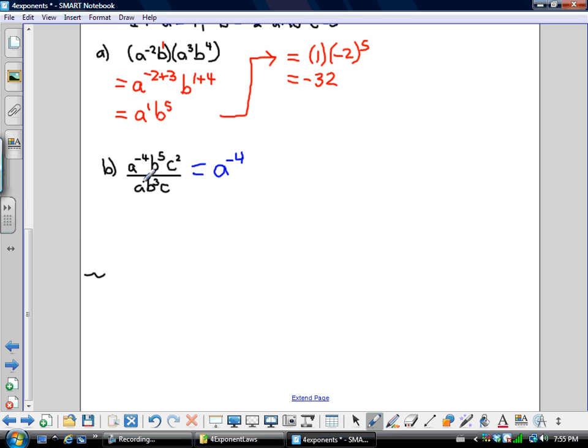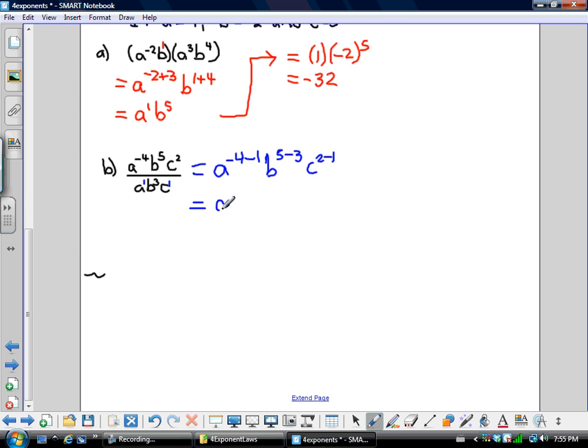I'm dividing, and because there's an A here, it's to the power of 1. So I'm subtracting 1. B is to the power of 5. And because I'm dividing, I'm going to subtract 3. C is to the power of 2. I'm dividing and I'm going to subtract another one of those ones, minus 1.